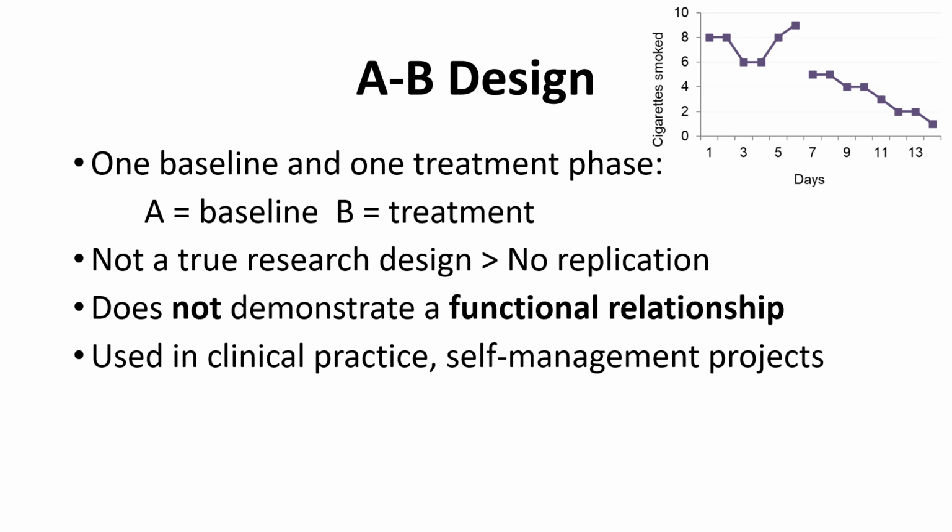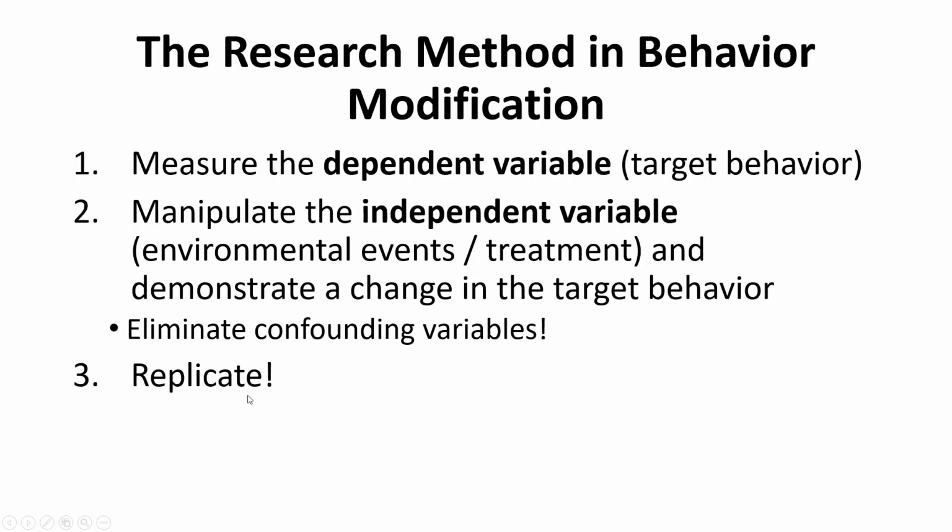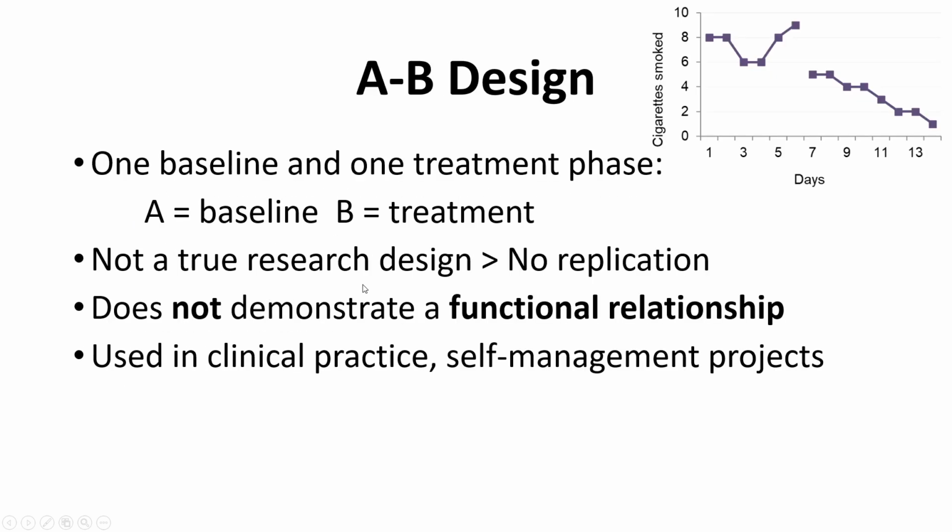And like I said, actually, go back here, this is missing stage 3. So that's step 1 and 2, but we don't have this step 3. There's no replication. And so that tells us that this isn't a true research design because there's no replication.